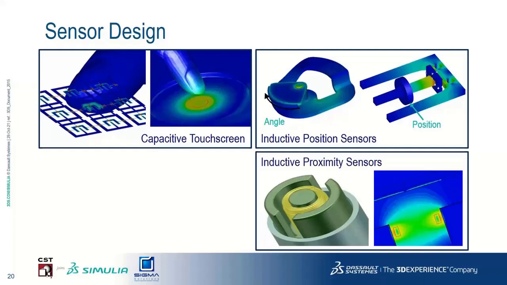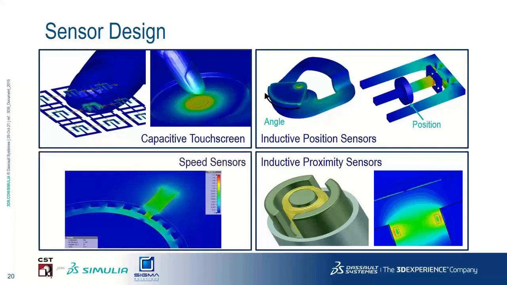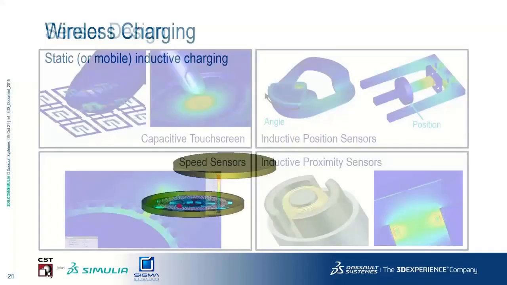We have proximity sensors, again, where you look at coil properties, how they are affected. And then we have some reluctance-based speed sensors as well, for example. So all kinds of sensors you would find in a car nowadays.